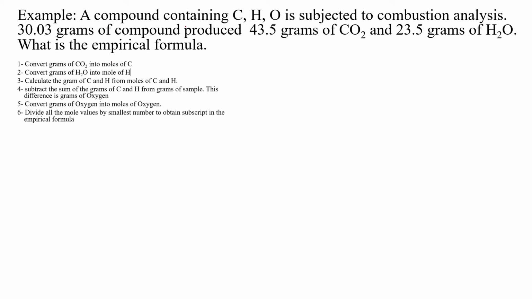In this example, a compound containing carbon, hydrogen, and oxygen is subjected to combustion analysis. 30.03 grams of compound produced 43.5 grams of carbon dioxide and 23.5 grams of water. What is the empirical formula? Now, you don't really need the equation for these problems, but I always find it helpful to have some equation there. We don't know the formula, but I will still write that we have a compound that consists of carbon, hydrogen, and oxygen.